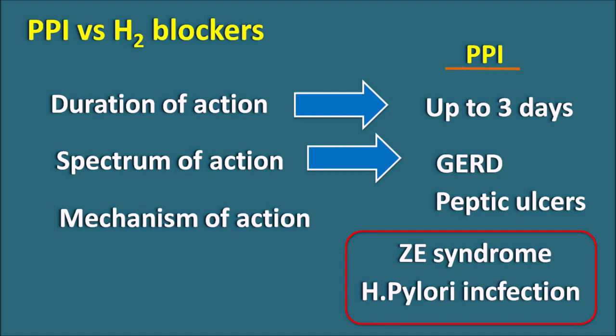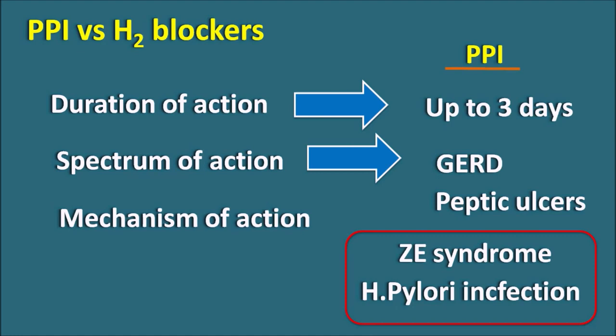H2 blockers do not have a significant action in these two conditions, and they are mainly used for the treatment of GERD as well as peptic ulcers. So here again the proton pump inhibitors show some advantage because they can act on all these four types of clinical conditions.